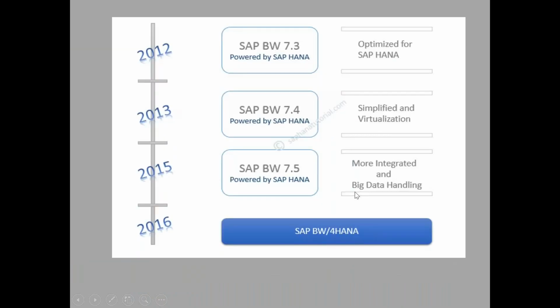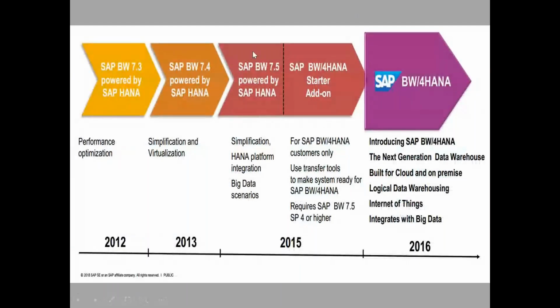And when it comes to version 7.5, every object you create in BW on HANA has HANA views generated automatically.